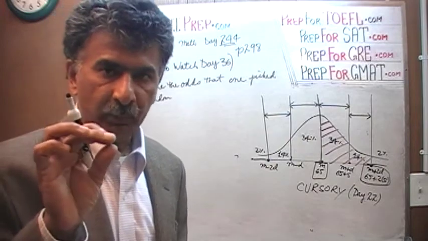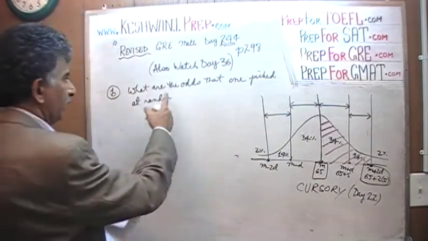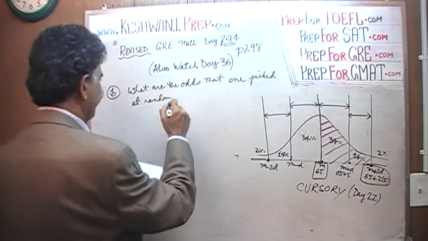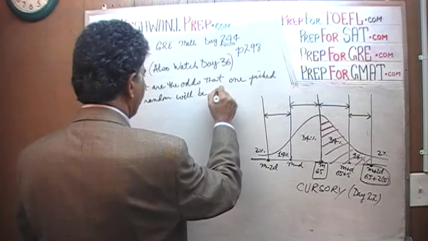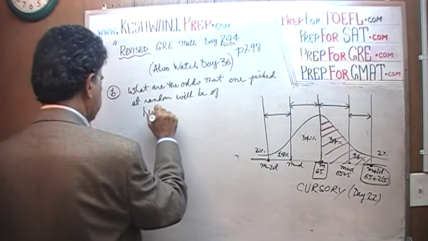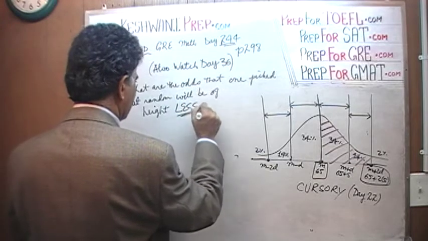Whatever it is, if you were to pick one subject at random, that's how we say it. If you were to pick one subject at random, what are the odds that one picked at random will be of height less than 60?